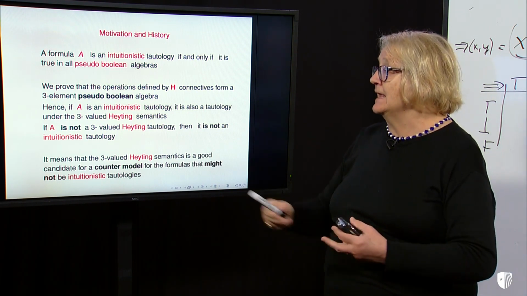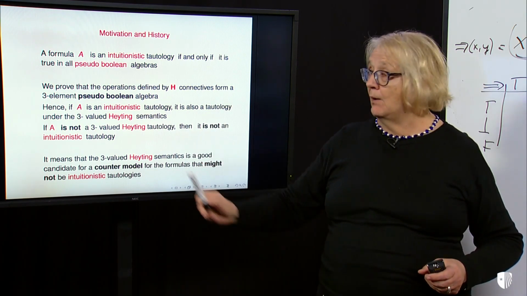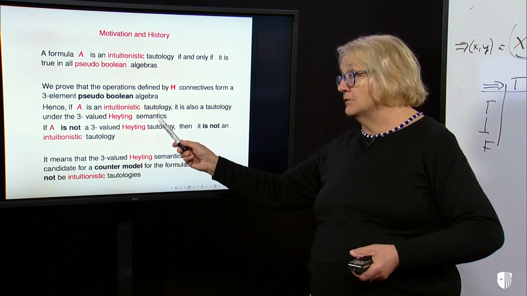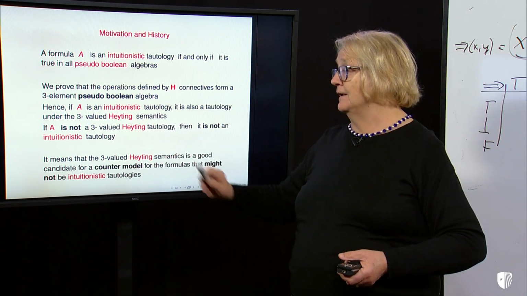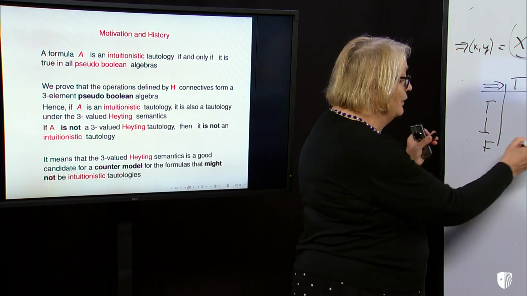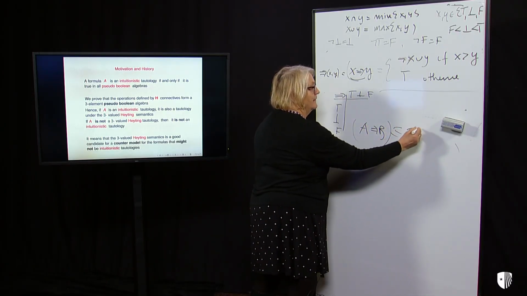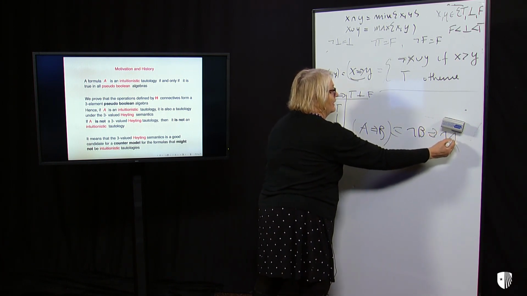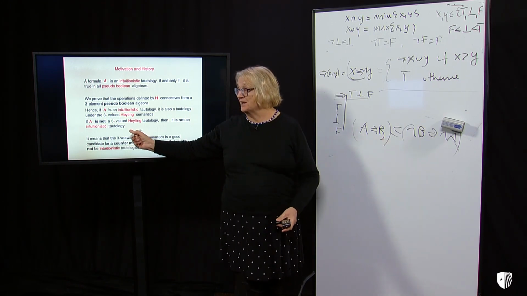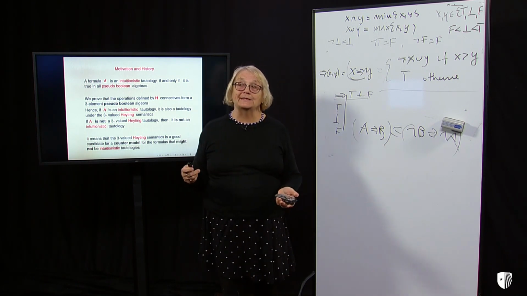So if A is an intuitionistic tautology, it is also a Heyting three-valued semantics tautology. So if it's not a three-valued Heyting tautology, it's not an intuitionistic tautology. Just to remind you that A implies B is logically equivalent to not B implies not A. So we use this to say that if it's not three-valued Heyting, it's not an intuitionistic tautology.